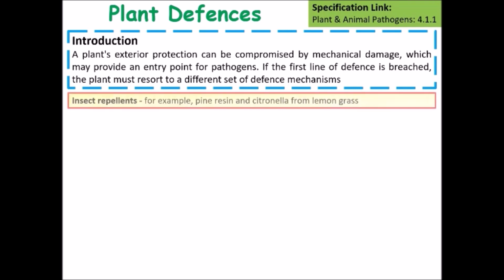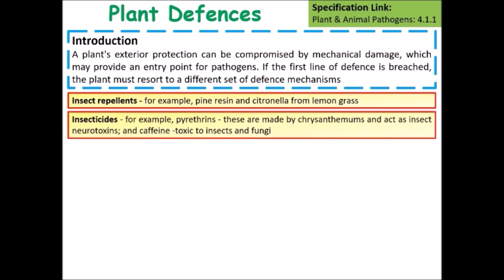It might produce insect repellents, for instance, pine resin, or that citrusy smell from lemongrass. It might produce insecticides, which are toxic to insects and fungi. For instance, caffeine is an example of this.